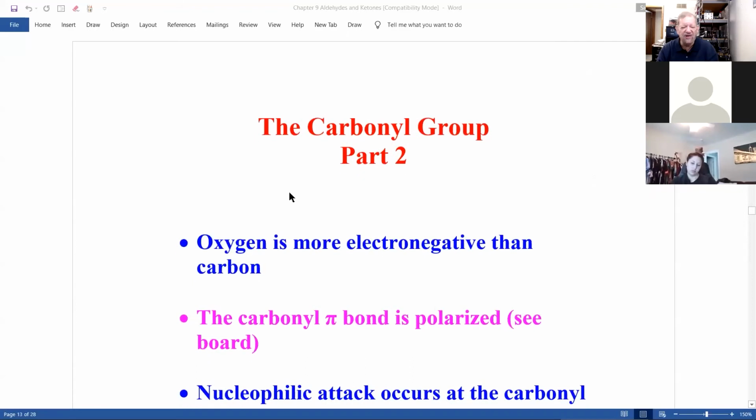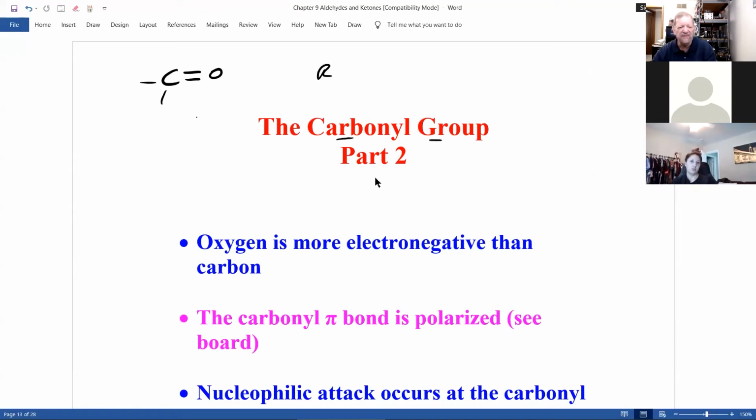All right, now let's get back to ketones and aldehydes. And it's time for carbonyl group part 2. Now, let me just remind you, what's the carbonyl? Carbon double bond to oxygen. And you should know how to describe, with both words and a diagram, what the carbonyl group is.